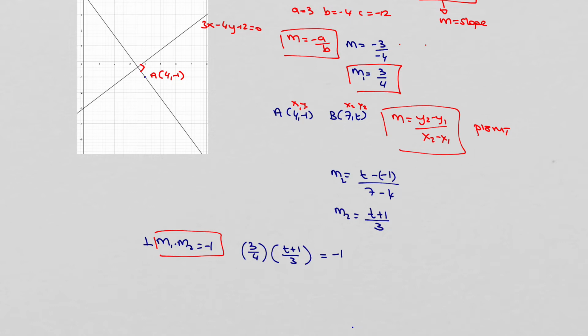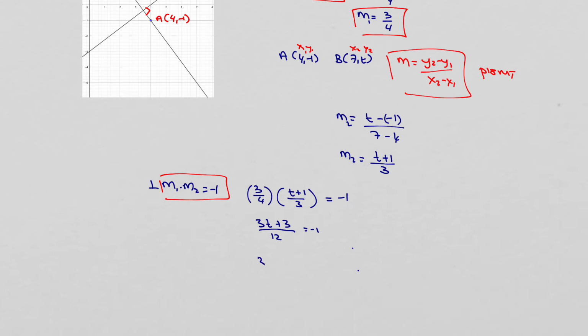So multiplying out, we have 3t plus 3 over 4 times 3, which is 12, equals minus 1. And multiplying both sides across by 12 gives us 3t plus 3 is equal to minus 12. Therefore, 3t equals minus 15, and t is equal to minus 5.